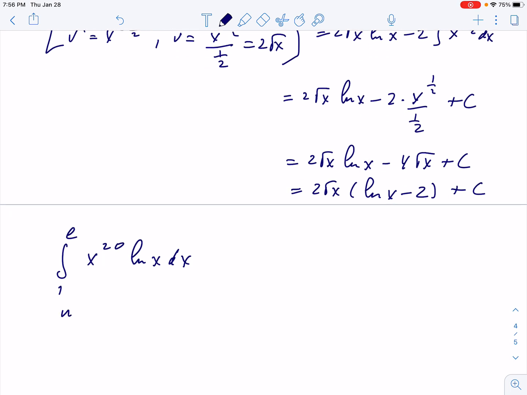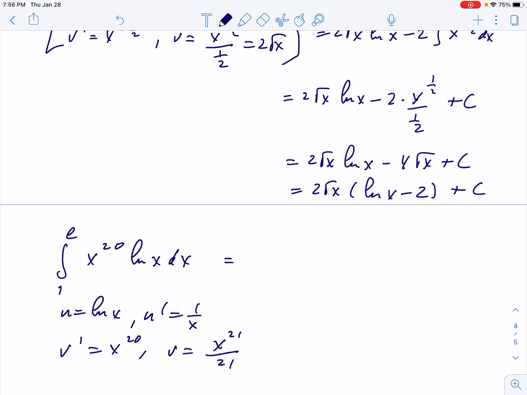Okay, so we choose u to be natural log x. u prime is 1 over x. v prime is x to the power 20. We can integrate by the power rule. v itself will be x to the power 21 over 21.